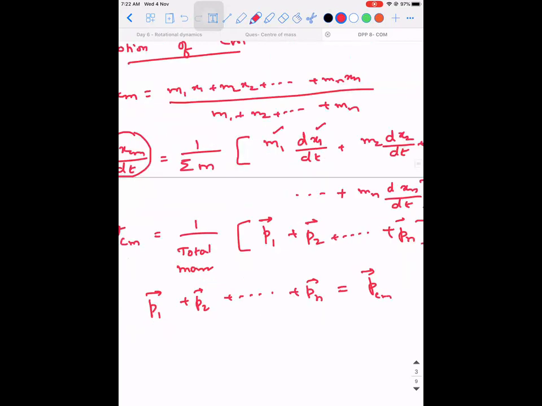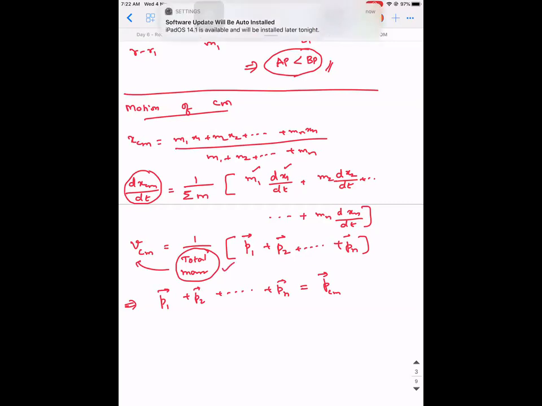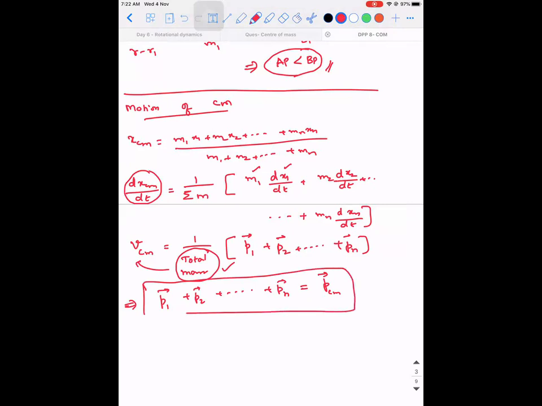Because what I did is, I took this total mass to the other side. So total mass multiplied with velocity of center of mass. Where is the total mass said to be concentrated? At its center of mass, right? So total mass multiplied with velocity of center of mass will give us the linear momentum of the center of mass. So this will be the answer. Am I clear, guys?